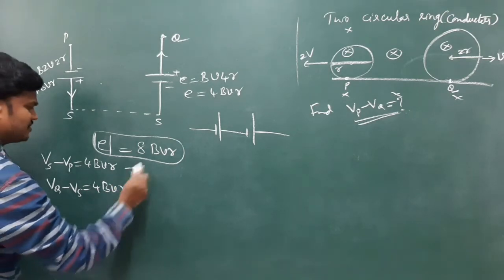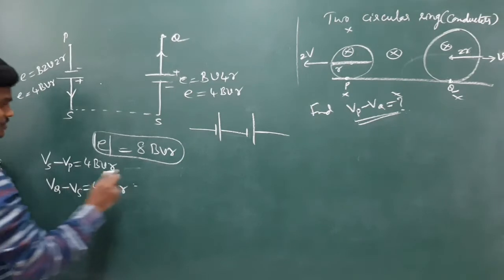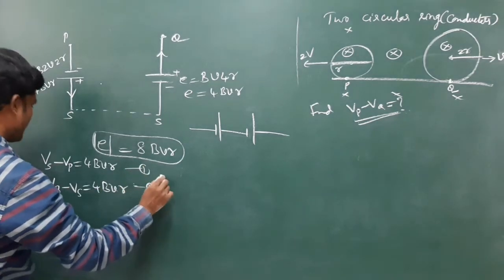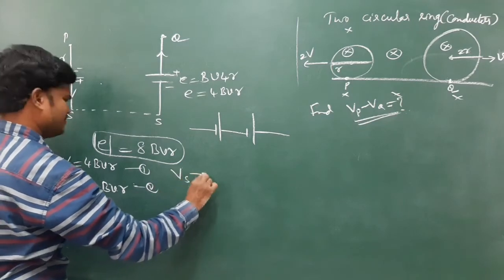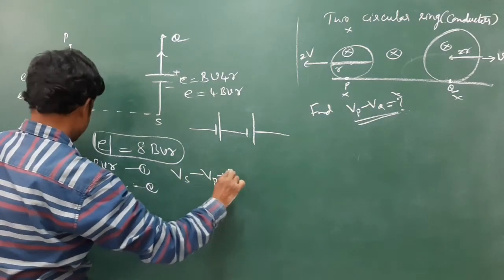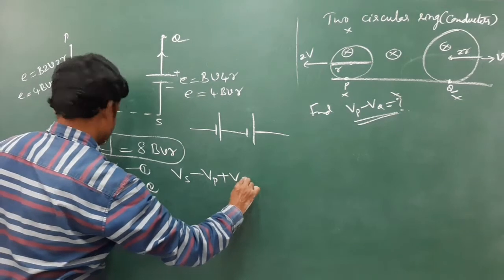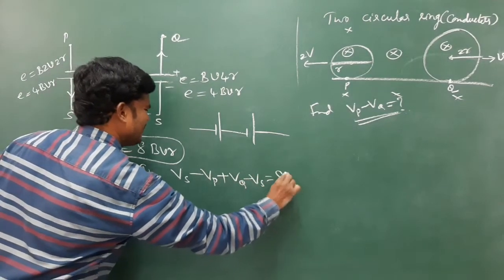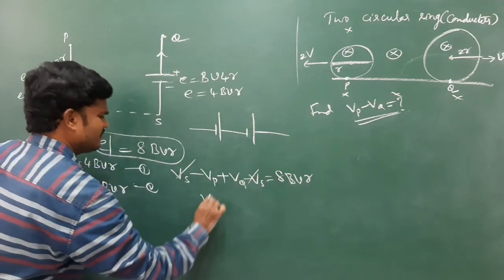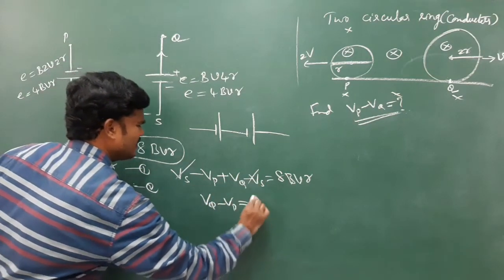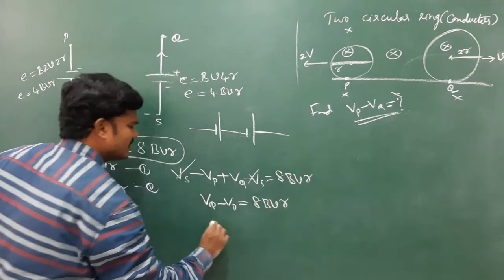Then add these two things. If I add, Vs minus Vp plus VQ minus Vs is 8BVR. So Vs cancelled, VQ minus Vp is 8BVR.